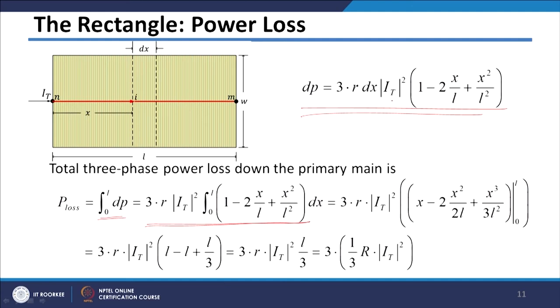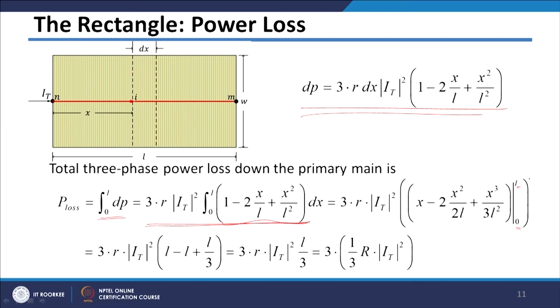Since IT is constant, it will come out, so the integration will just operate on this term. If you take the integration of this term, it will be x minus twice x square by 2L plus x cube by 3L square. The limits of integration are from 0 to L.